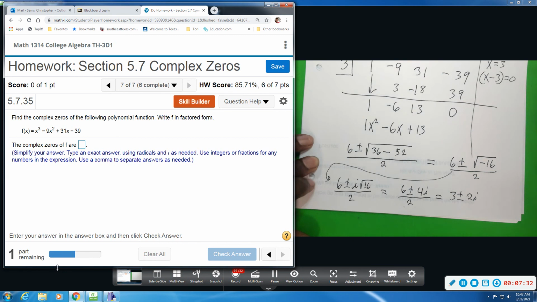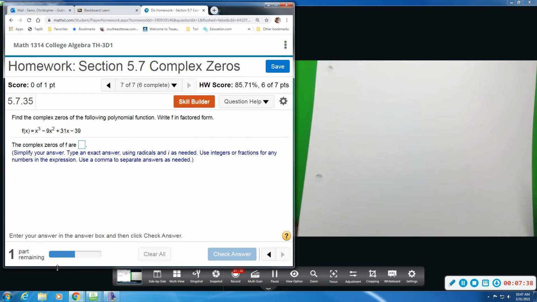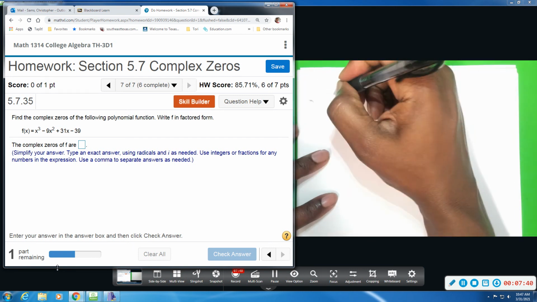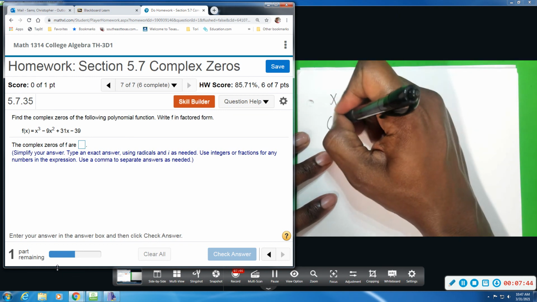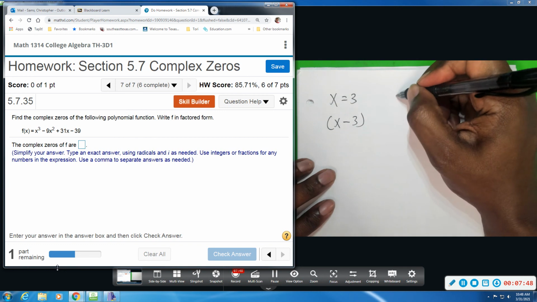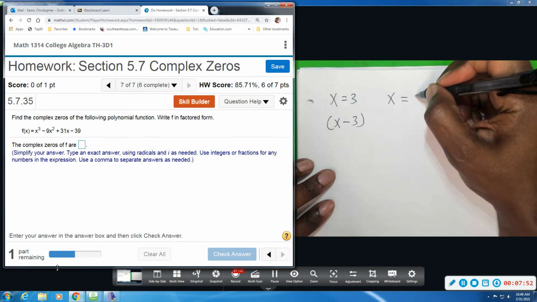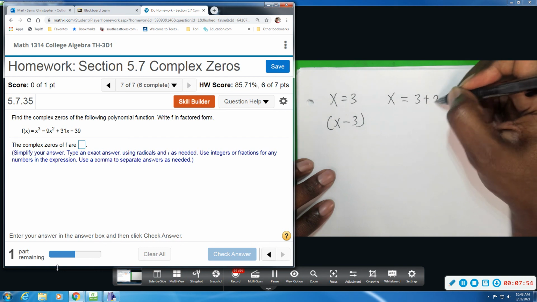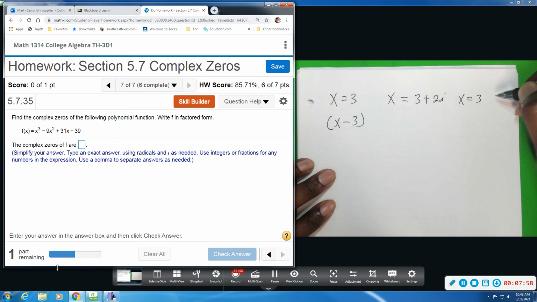So we have one linear factor, which came from x equals 3, and that gave us x minus 3 when we set it equal to 0. Now we have two more. x equals 3 plus 2i, and we also get x equals 3 minus 2i.